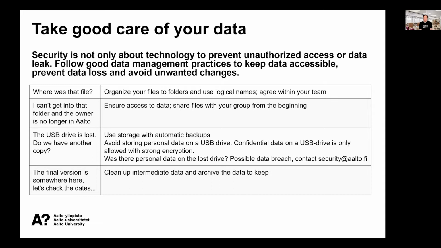If it's not encrypted, it might even be a data breach. And in that case, just contact security at aalto.fi and they will always help you. They know what to do in case of a possible personal data breach, and how to avoid any further damage. It's always best to just contact them and get some help. So don't panic.